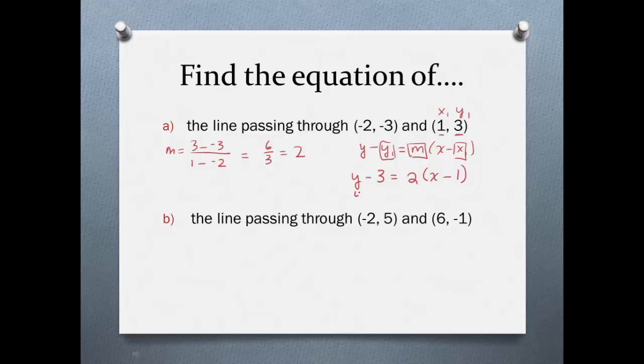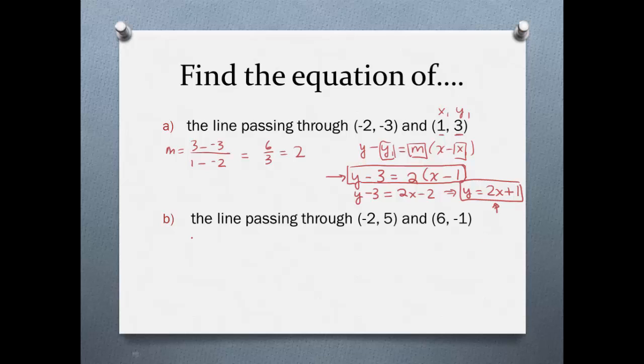Then like in the other problems, if you want to isolate your y after the fact, you can. That means y equals 2x plus 1. So that's the point-slope form of a line. This one right here is point-slope, and after we solve it for y, that's slope-intercept.